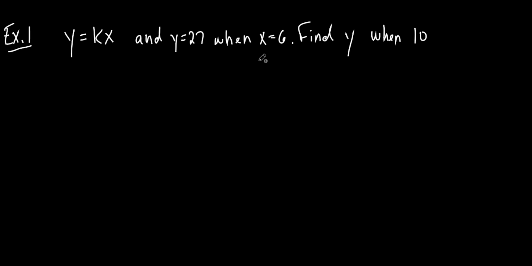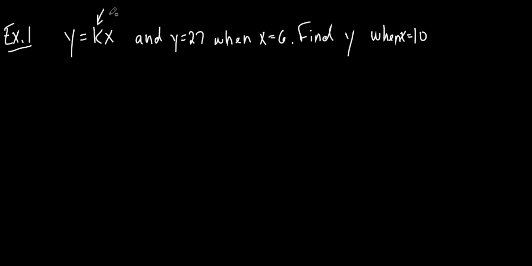But what happens when x equals 10? Again, I'm just using slope as an easy example so we can remember. Whatever our constant is, it's going to be the same. So every time I give a different value for x, I can figure out what y is because I know what my constant is. So that's the key right there.